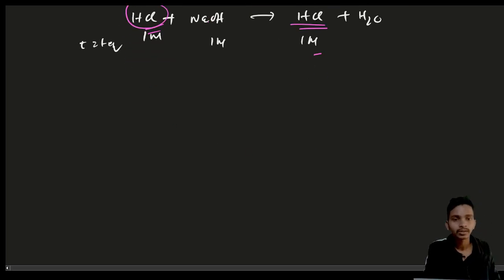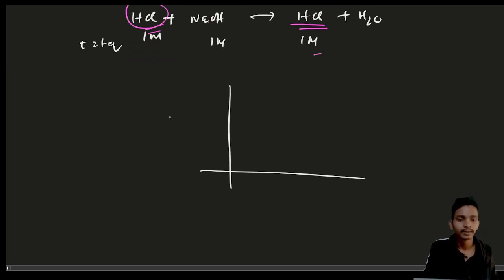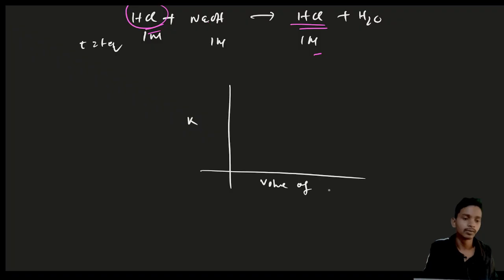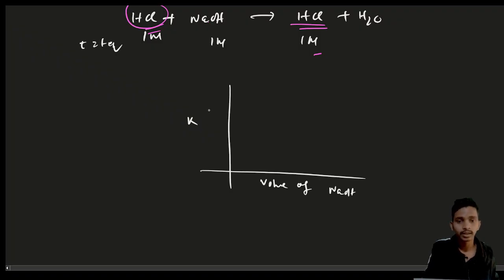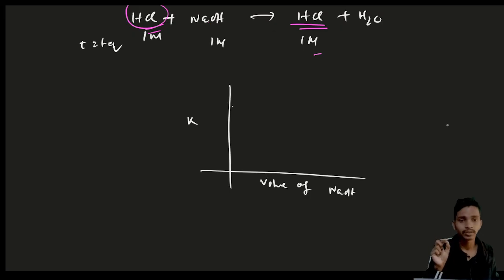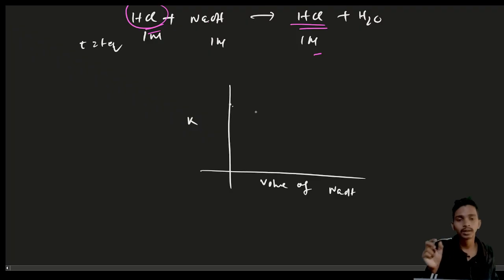Okay. So the graph will look like this. Here is kappa, here is the volume of NaOH. In the solution, HCl is also there, CH3CO minus is also there. So it will be high because HCl is there, right? HCl means H plus is also there in a huge amount. So it starts here, and you are adding NaOH continuously. So due to NaOH, the H plus concentration decreases.